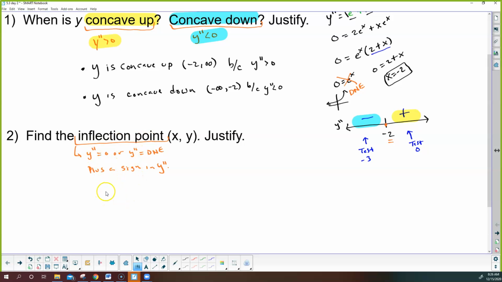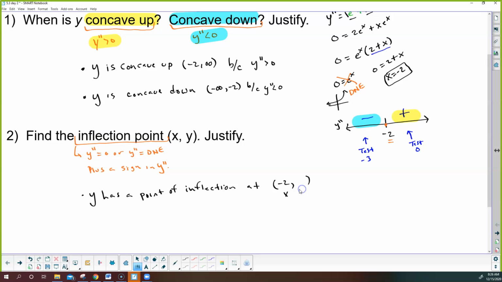So my answer should start off with the function. Y has a point of inflection at, and notice what they told us. They want the XY combo. So we know where it's occurring at the X value.